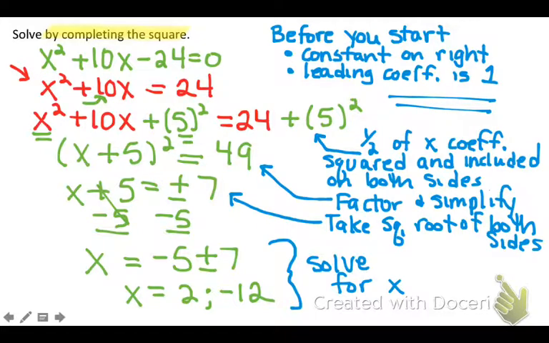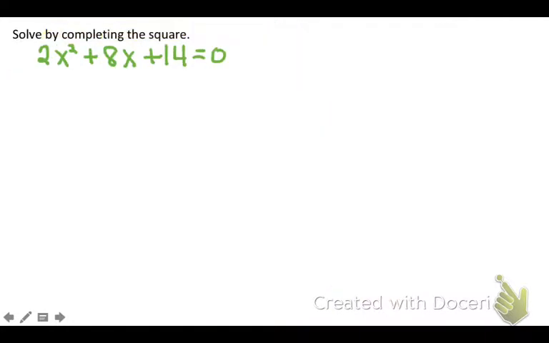All right, here's a second example. So remember, there are two things we need to do before we start completing the square. We need to make sure that our leading coefficient is 1 and that our constant is on the right-hand side by itself.